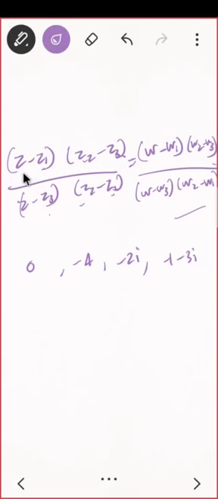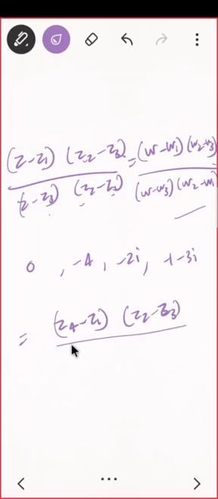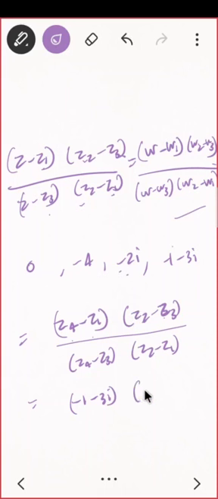In this, put z4 in place of z. So I'll find z4 minus z1 into z2 minus z3, divided by z4 minus z3 into z2 minus z1. Put the values and see what you are getting. z4 minus z1 will be just minus 1 minus 3i. z2 minus z3, the subtraction of the two, will be minus 4 plus 2i.